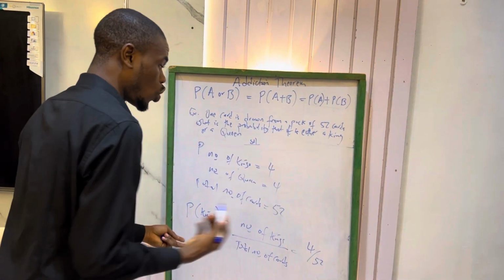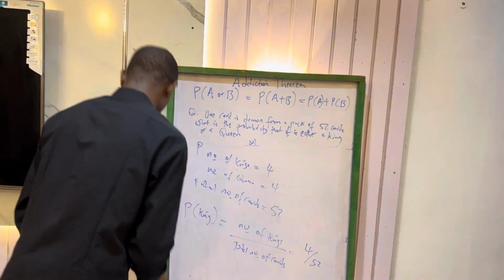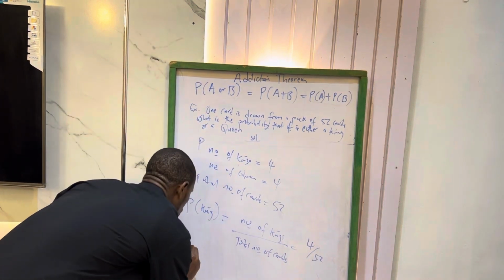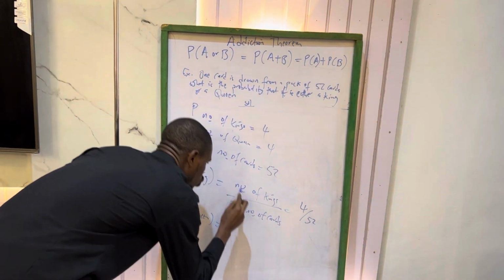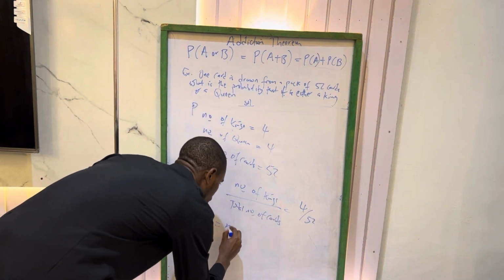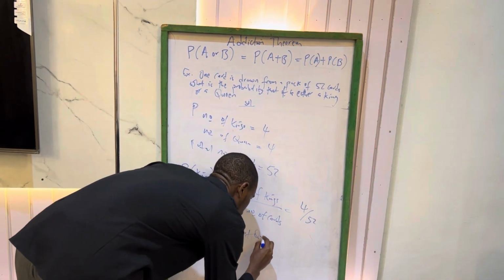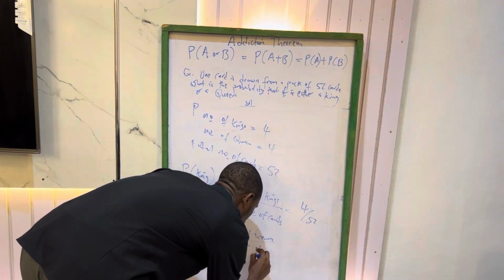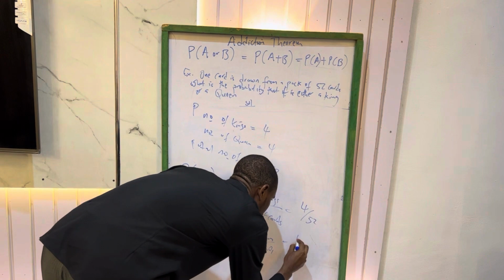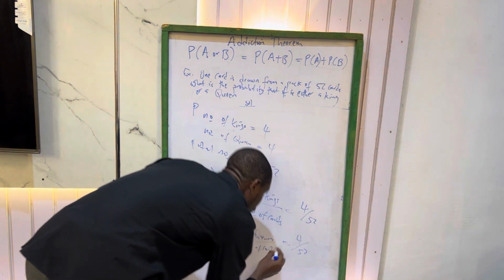So the probability of a queen occurring will take the same format. The probability of a queen is equal to the number of queens over the total number of cards, which is the same thing as 4 over 52, because we have 4 queens.